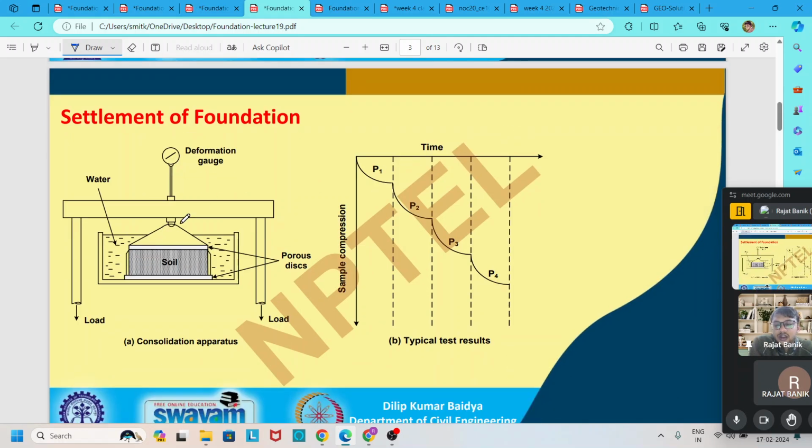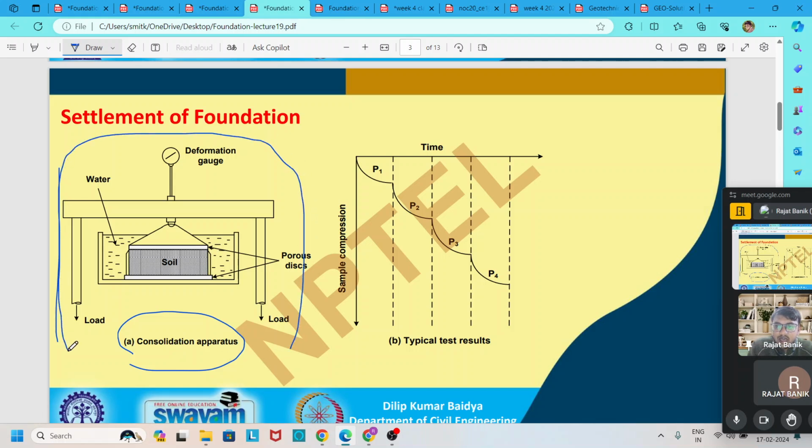To find out this consolidation, we use the consolidation apparatus. A similar field situation is reproduced in the laboratory, and based on the dial gauge we record the deformation, apply load, and note down the settlement of the soil.